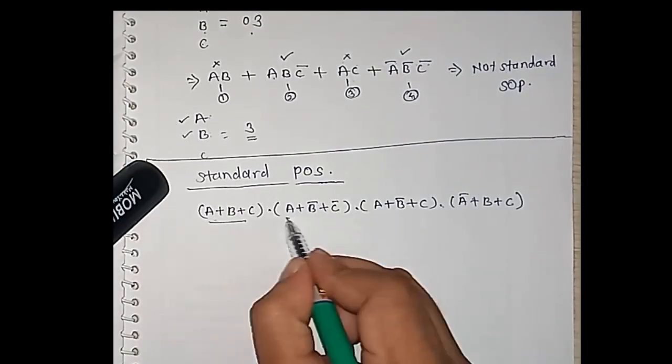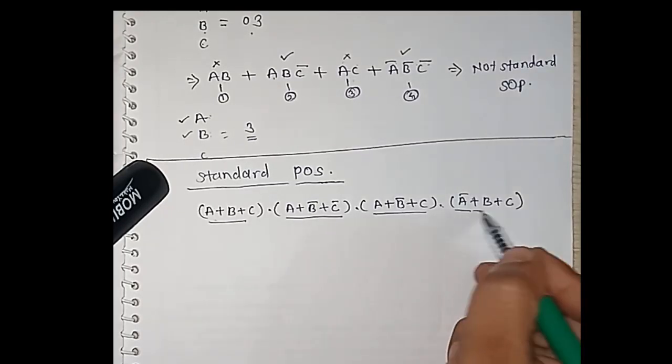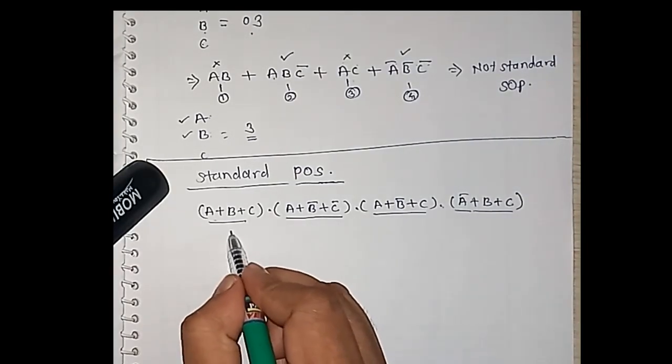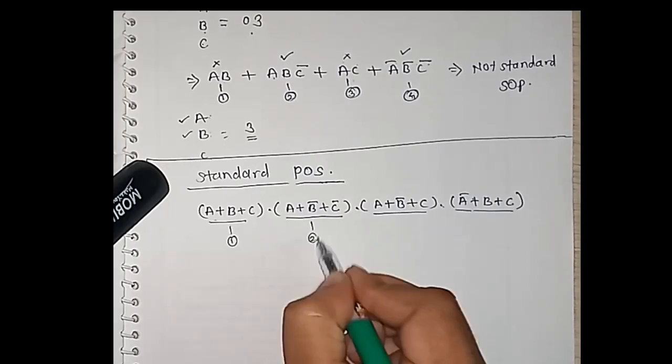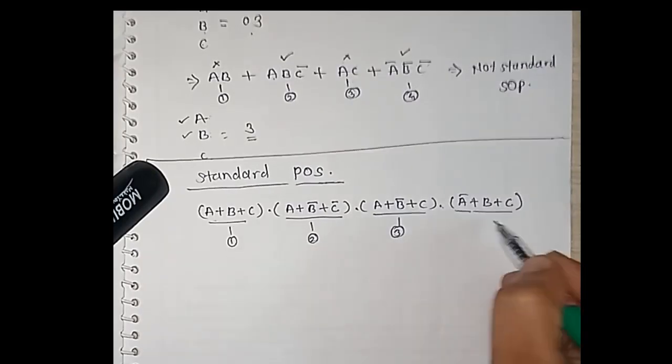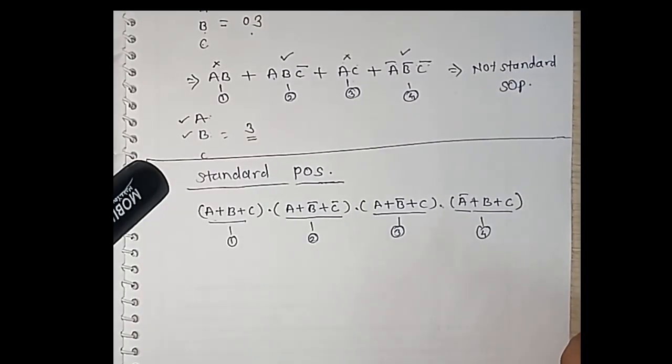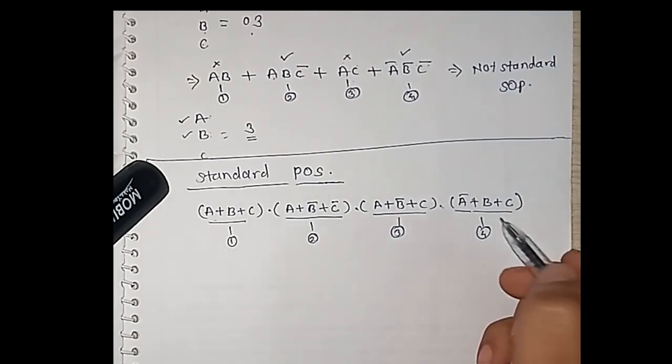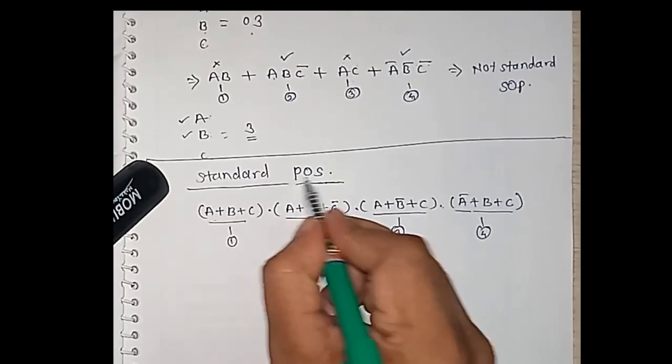How many sum terms are there? This is the first sum term, second sum term, third sum term and fourth sum term. So this is the POS equation.